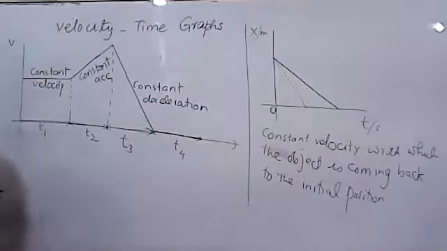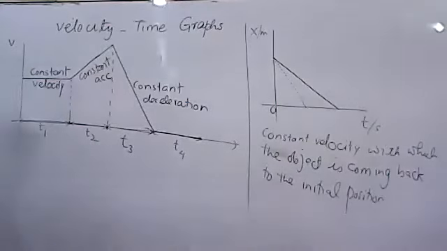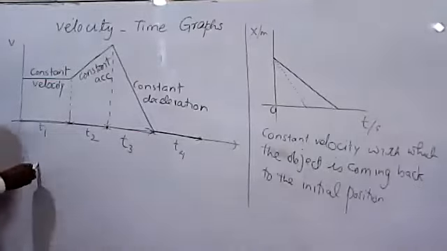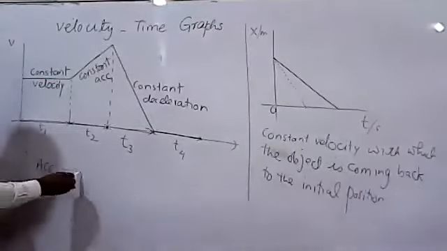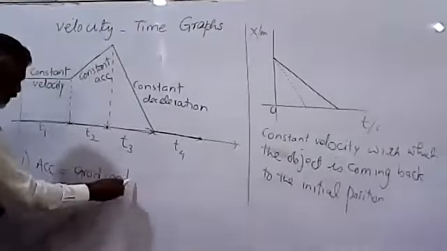So two quantities which we can easily calculate from a velocity time graph: number one, we can calculate acceleration from the gradient. Acceleration is the gradient on a velocity time graph.